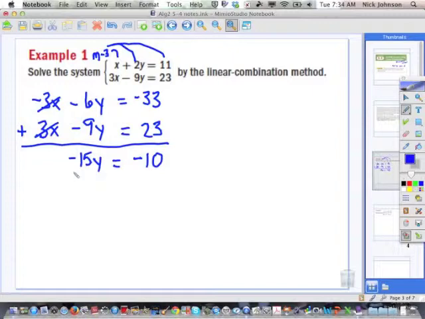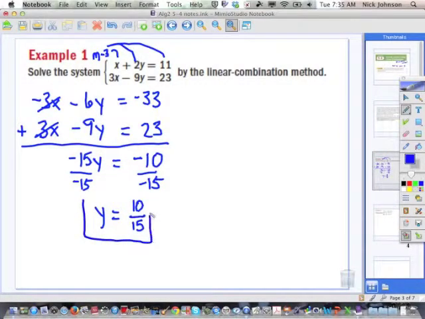To get y by itself, I divide by a negative 15. And y is going to equal, a negative divided by a negative is positive, 10 divided by 15. You can just leave it as 10 divided by 15. Fractions are fine. So I found my y.